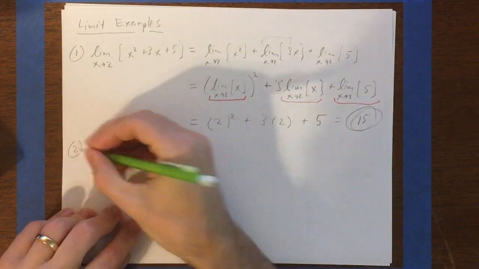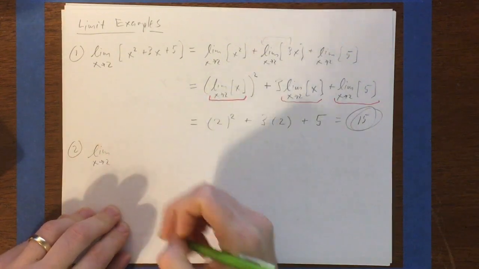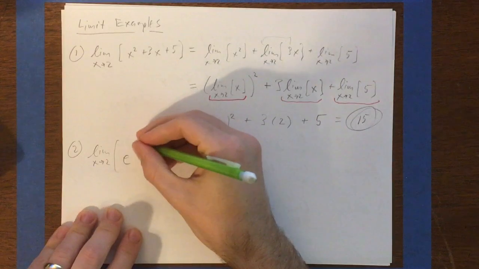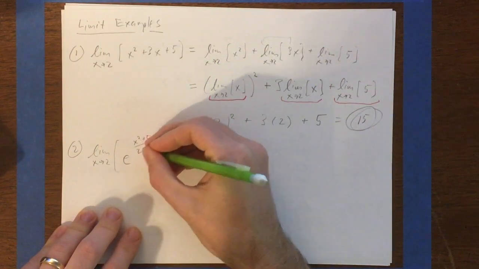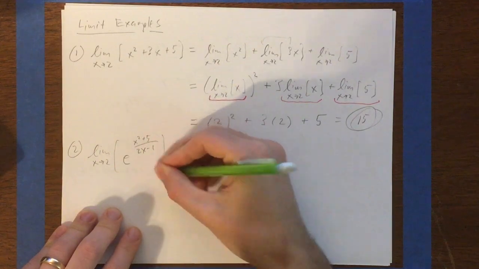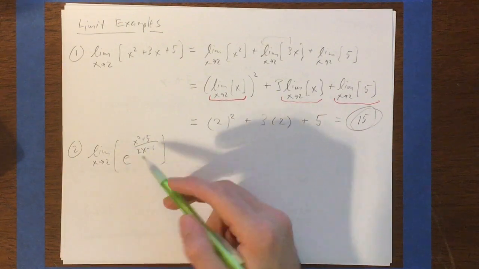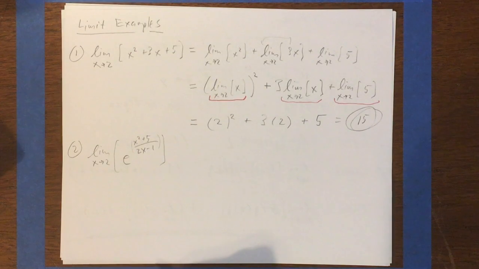So, second example, I want to do one that involves composition. We'll let x approach 2 again. It doesn't really need to be different or the same; I'm going with x approaching 2 just for the sake of demonstration here. So here is a composition of functions. We have an exponential function here, and inside that exponential function we have a rational function.